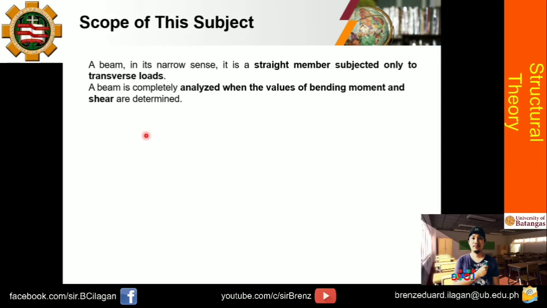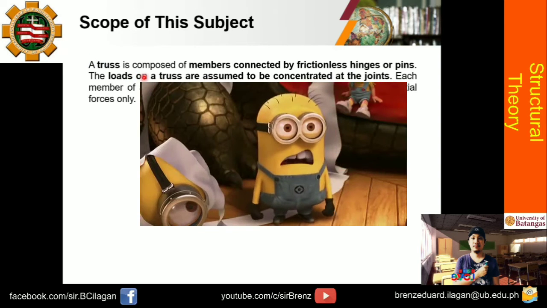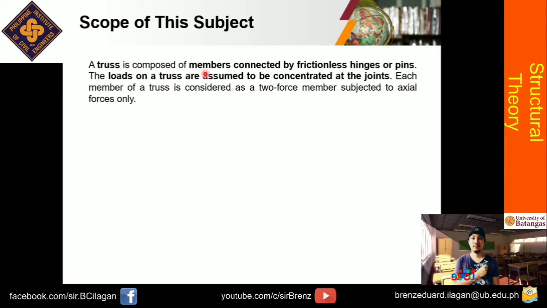Okay? So let's proceed with the next structural element, which is known as a truss. So what is a truss? Truss issues. Okay, kidding aside, a truss is composed of members connected by frictionless hinges or pins. The loads on a truss are assumed to be concentrated at the joints.